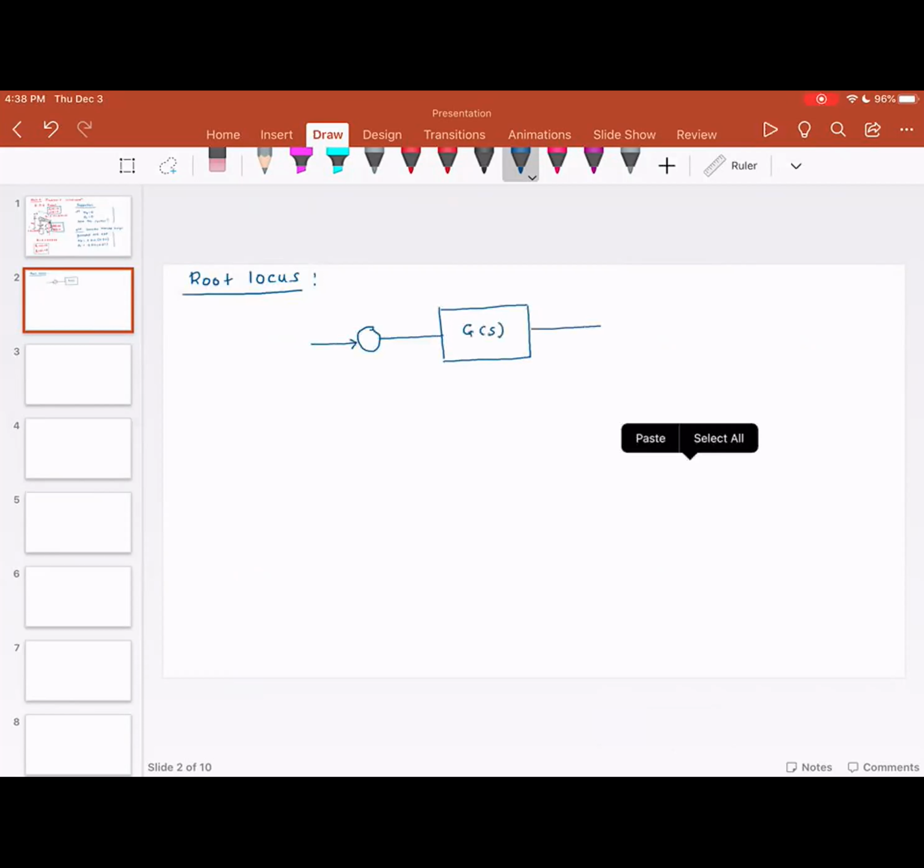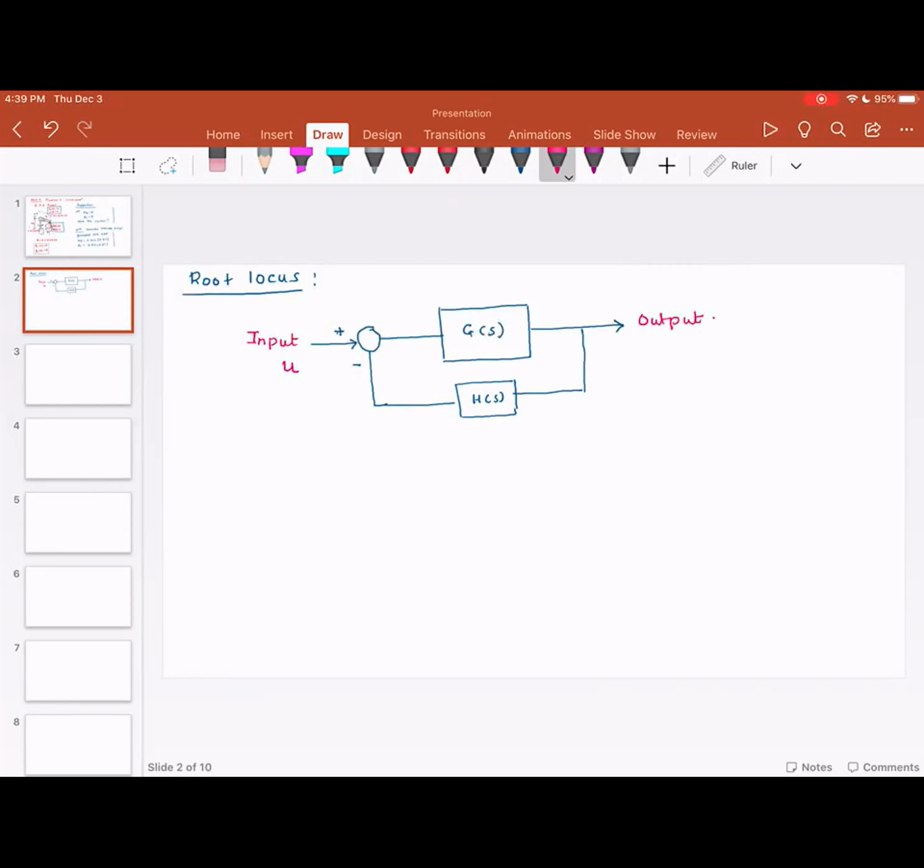And then we have a feedback, which is H of S. And it's a negative feedback. So you have positive here, negative here. This is input, which is U, and this is output.